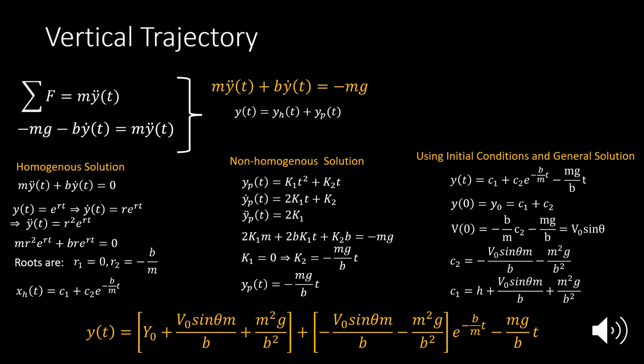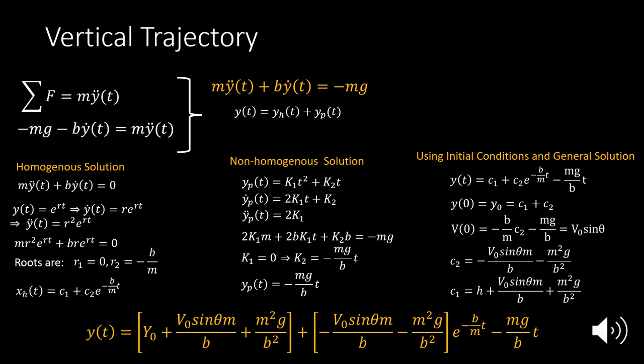The solution to the problem is the combination of the homogeneous and particular solutions. While solving for the homogeneous solution, we repeat the same steps as in the horizontal trajectory calculations and find it as h y of t is equal to c1 plus c2 e to the negative bt over m. Since the right side is a constant but also missing the y of t term on its left side of the equation, the particular solution is selected as a second-order polynomial with coefficients of k1 and k2.